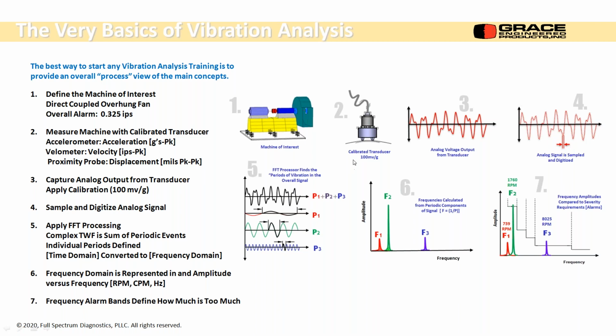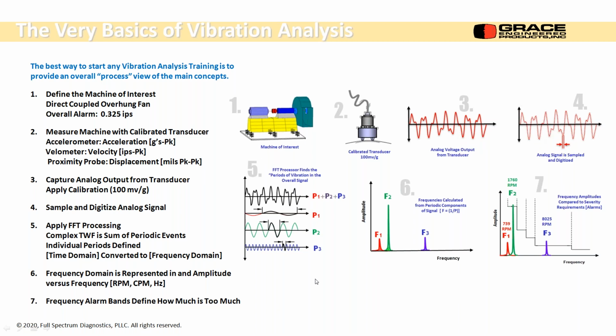We're going to measure with a calibrated transducer, 100 millivolts per G. The analog signal is a voltage versus time waveform, and there are multiple wiggles in that waveform. We're going to sample and digitize that signal, turning it into a format that's not an infinite analog signal so that we can get our hands around it.